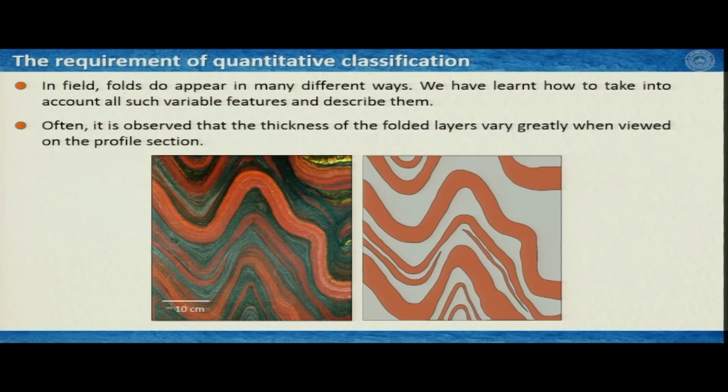There is only one classification scheme for folds, proposed by John Ramsay, that classifies the folded structure pretty much quantitatively, and this is why it demands separate attention, and I have added it in a different lecture.